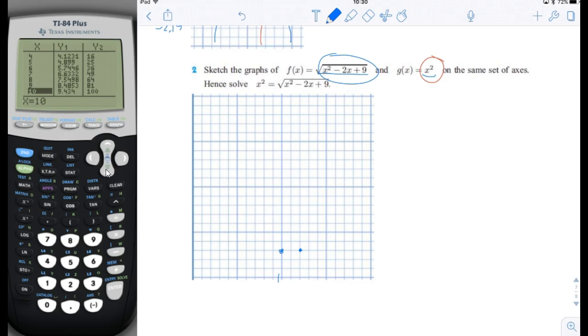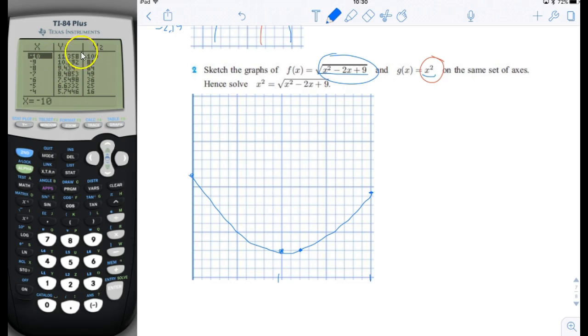Let's grab like 10, 9.4. Okay, and let's go to the left. Negative 10, 11.35. Okay, kind of like that. All right, so that's the blue function.